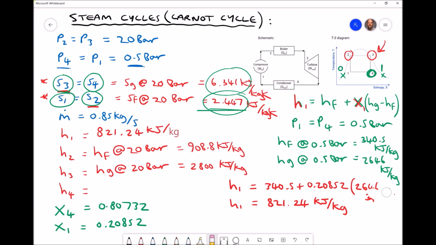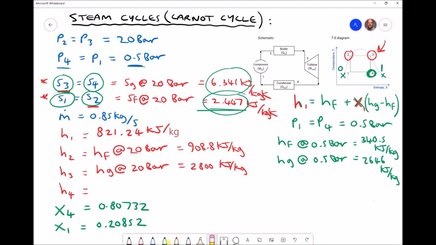So we can do exactly the same for position 4. The only difference at position 4 is that we need to use the dryness fraction at position 4. So if we refer to our formula right at the top there, we're looking for the enthalpy at position 4 instead of position 1. So we need to use the dryness fraction at position 4 instead of position 1. So we can write H4 equals HF again, 340.5, plus our dryness fraction this time is 0.80732.